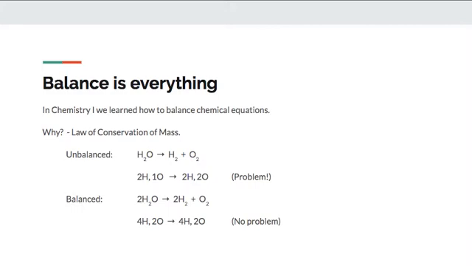If we take the chemical reaction where you decompose water, which means to split apart water and turn it into hydrogen, H2, and oxygen, O2. If we do not balance the chemical equation, that would mean that on the reactant side we have 2 hydrogens and 1 oxygen. On the product side we'd have 2 hydrogens and 2 oxygens.